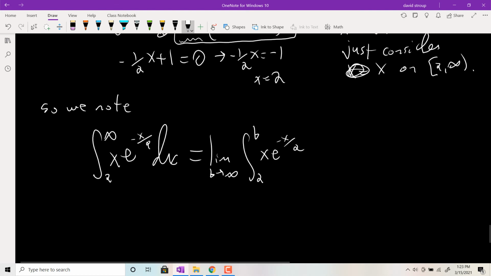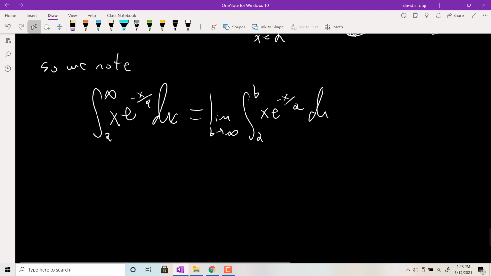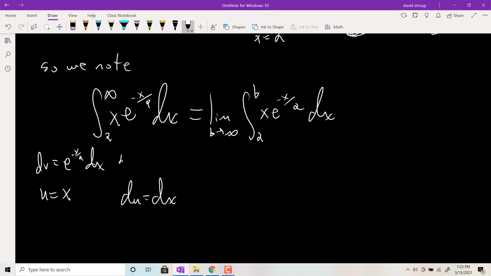We need to do integration by parts on this. Okay. So our u and our dv. Let u be x, and then dv is e to the negative x over 2 dx, and then du will be just dx, and then of course v is negative 2e to the negative x over 2.